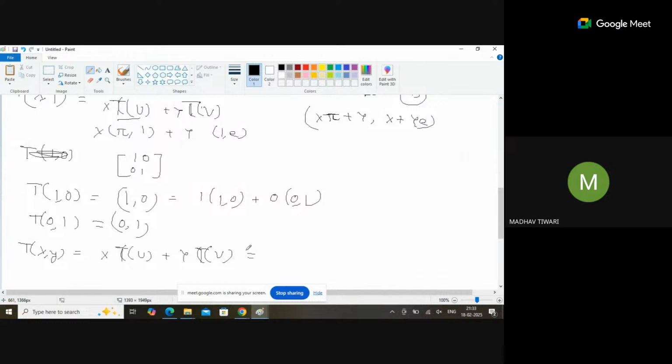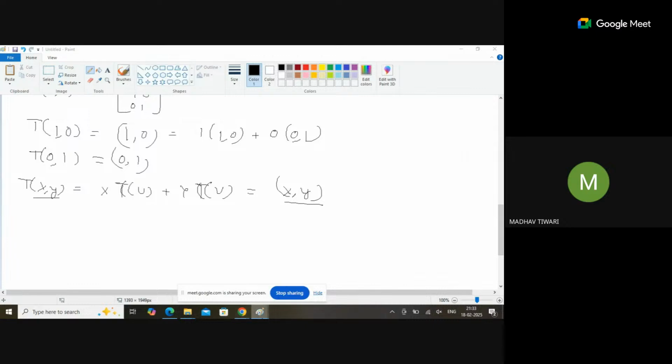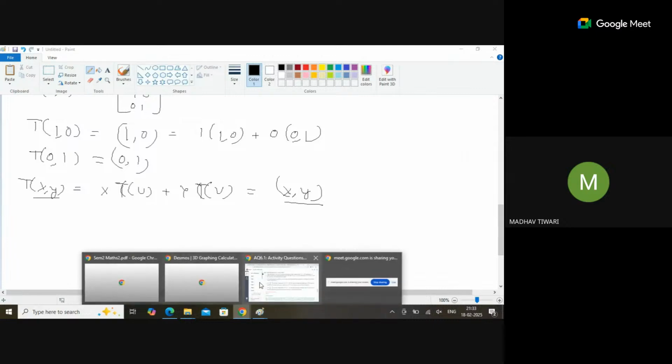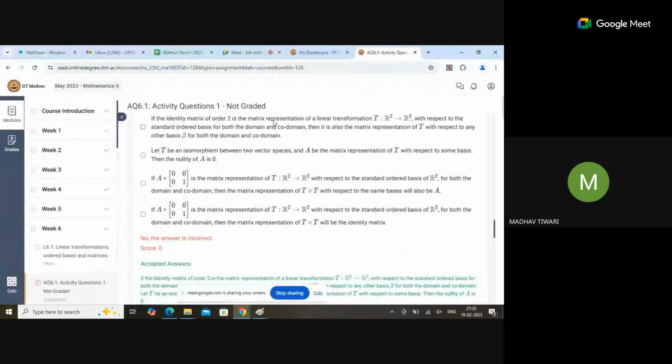So the transformation is nothing but x comma y; the point x comma y will be transformed to x comma y. In the question it says that if the identity matrix of order 2 is a matrix representation, then if we use any other basis, it is also a matrix representation. It will be the same thing.